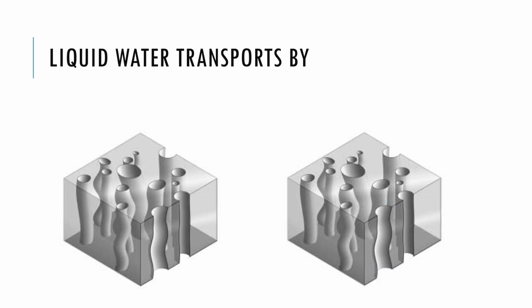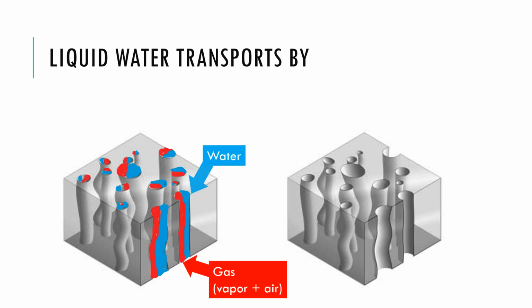In the same pores, liquid water transports by capillarity. So here is a cartoon of that. Liquid water is transporting by capillarity, and capillarity can be shown to be diffusion-like. So we can think of a capillary diffusivity for the water.